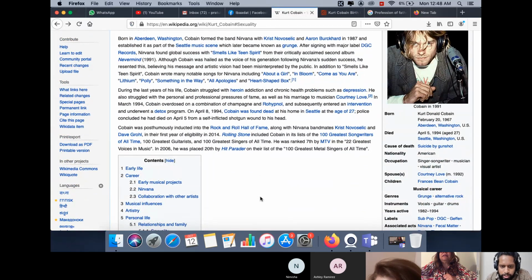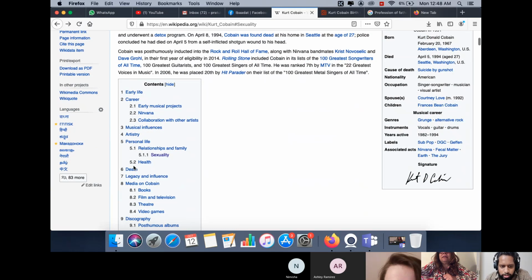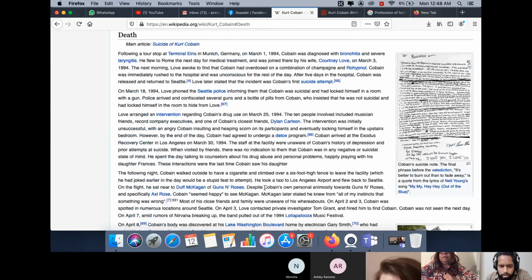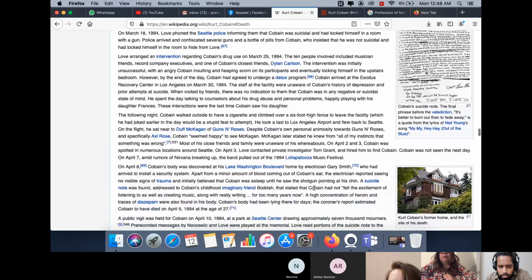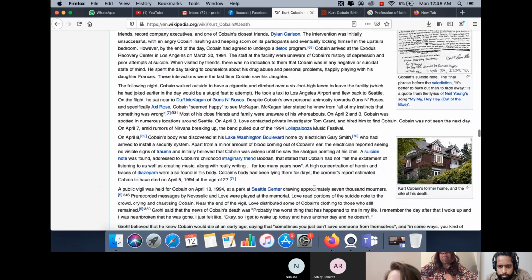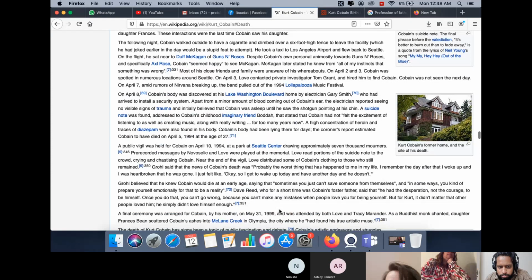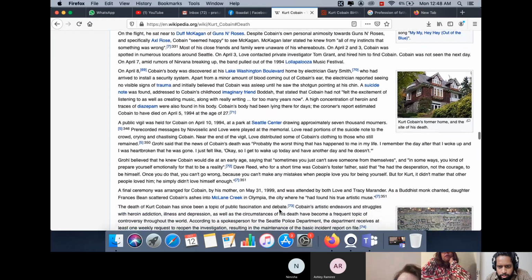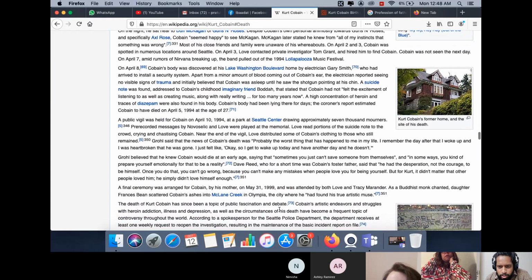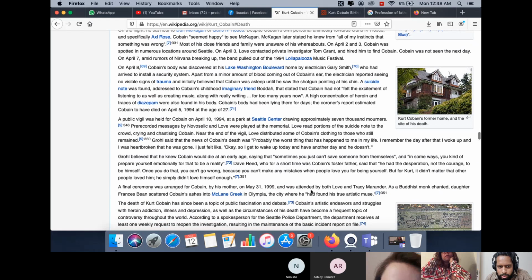I don't think they have mentioned it. Let's see about death. Yeah, it says here, Nirvana idol Kurt Cobain mostly played with his left hand.